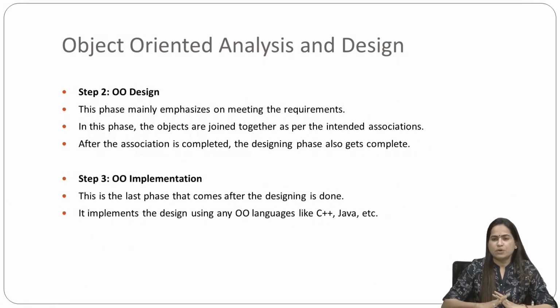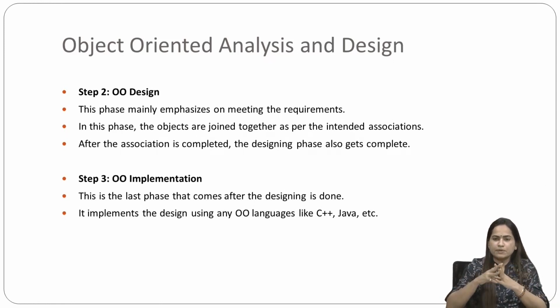The second step we have is object oriented design. Now in the first phase we have analyzed the system, identified the objects, and identified the responsibilities of those objects. Moving forward to step 2, that is designing, object oriented design. This phase mainly emphasizes meeting the requirements. In this phase, the objects are joined together as per the intended associations.